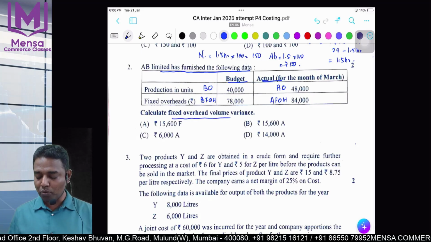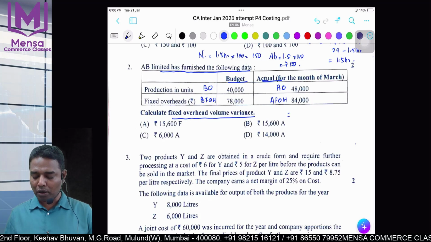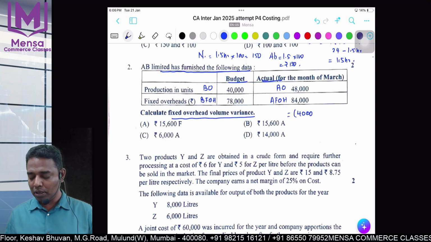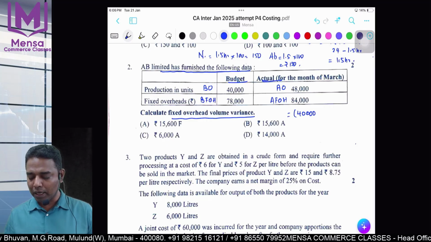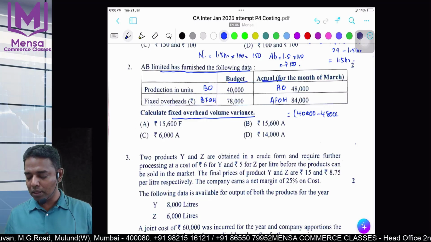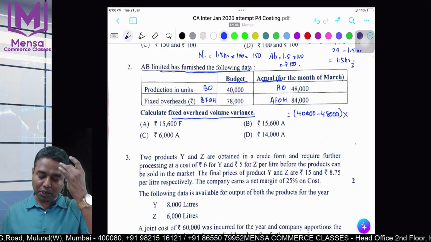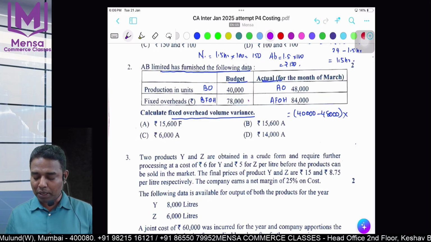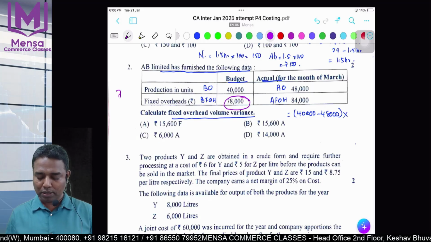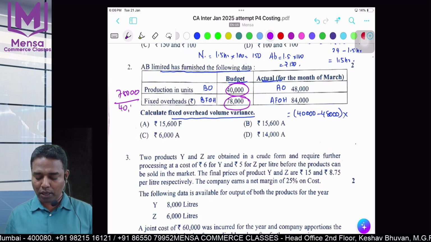The fixed overhead volume variance, that is the difference between the budgeted output, which is 40,000, and the actual output, which is 48,000, into whatever is the estimated absorption rate per unit. How do I get the estimated absorption rate per unit? That is my budgeted fixed overheads 78,000 divided by the budgeted output 40,000.